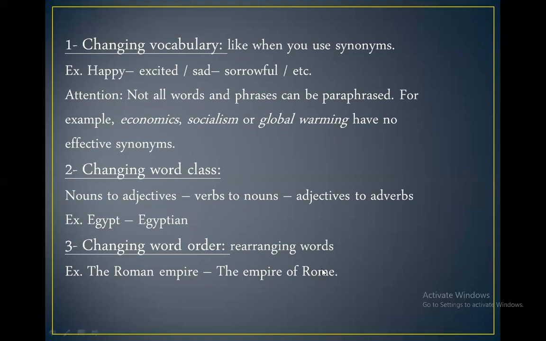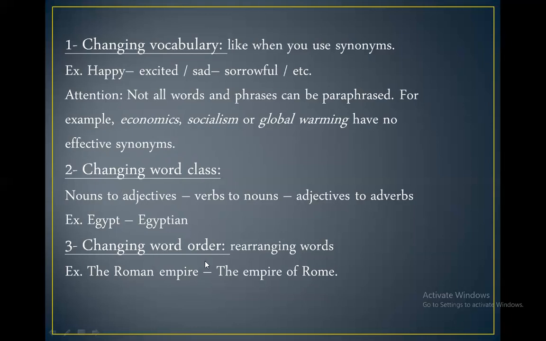The American people, I can say the people of America. So I can change the word order. And if you see here, we also changed the word class: Roman Empire, where Roman is an adjective, but now it's changed to a noun. So we have changing of word class and changing of word order.